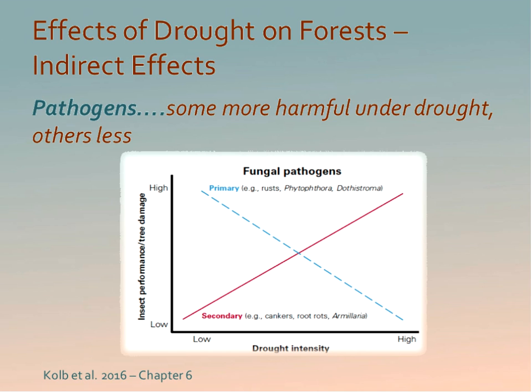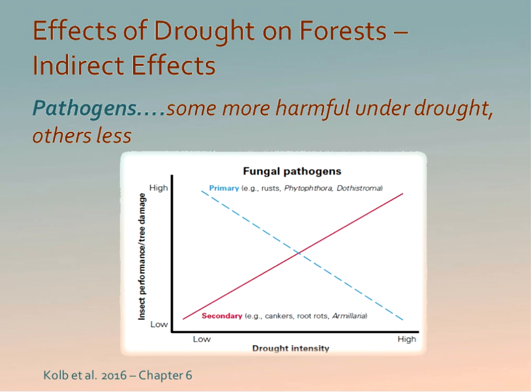As Jim alluded to, there's also some response to pathogens that depend quite a bit on the soil moisture or the moisture status of the environment that the pathogens are growing in. And so in this case, it depends on whether it's a primary or secondary pathogen. Primary pathogens that really require moist conditions would be expected to have a reduced performance under more drought or higher drought intensities.